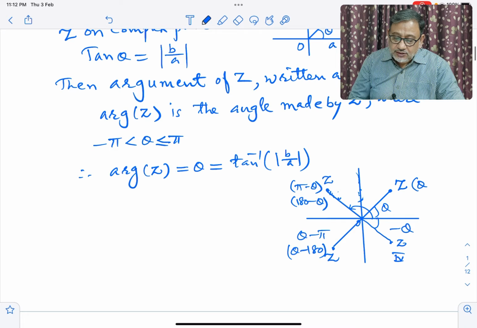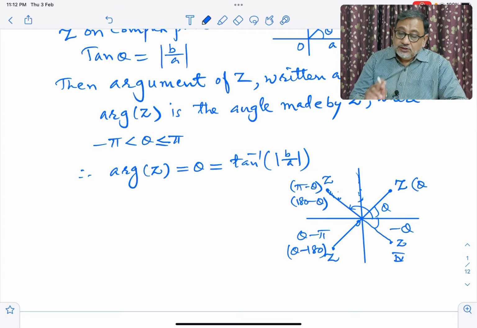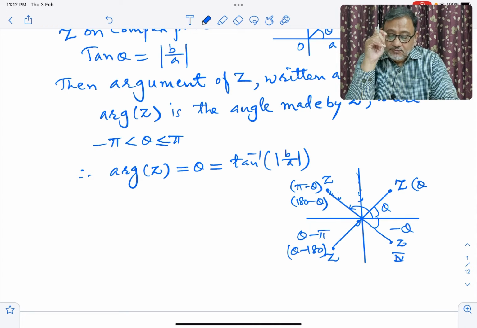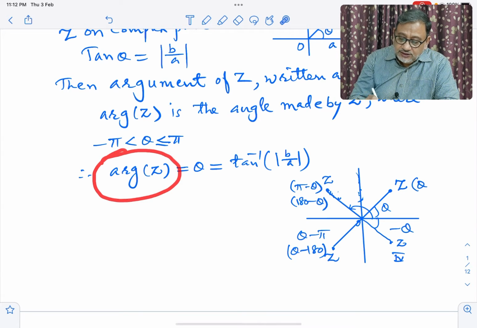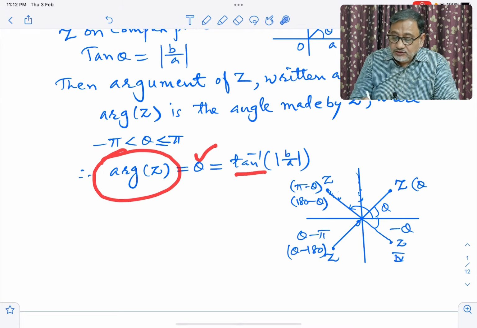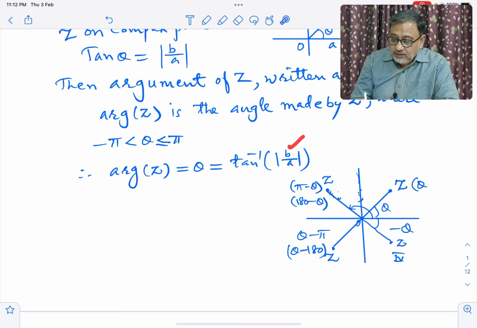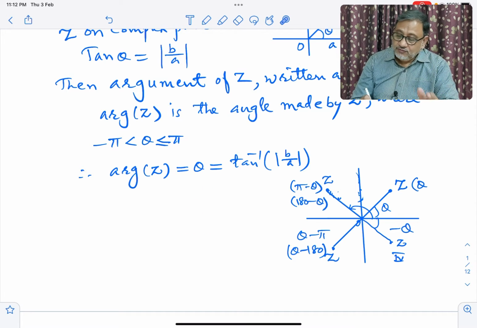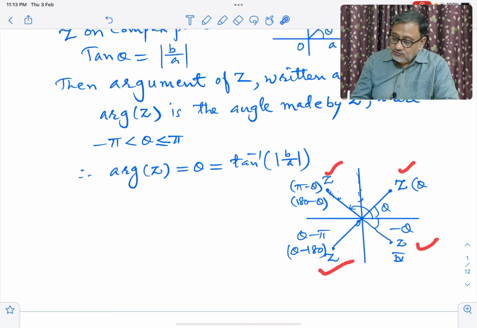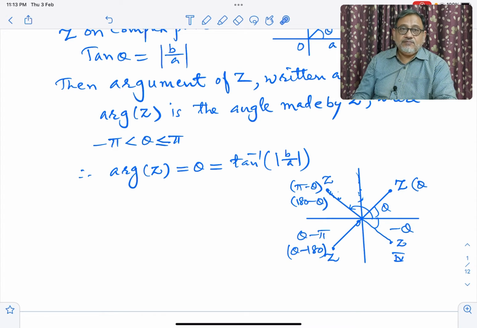Again I will repeat this: the argument of a complex number z, we write it as arg z, is the angle theta such that tan inverse of modulus of b by a gives you theta. But then the value of theta may be positive or negative, and it depends on the quadrant, whether you are in the first, second, third or fourth quadrant.